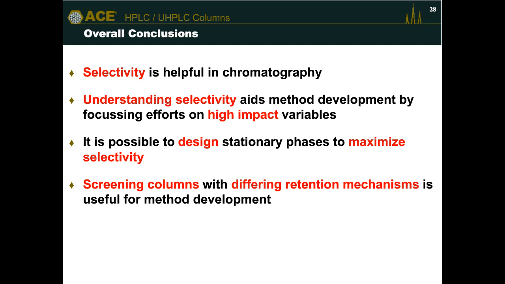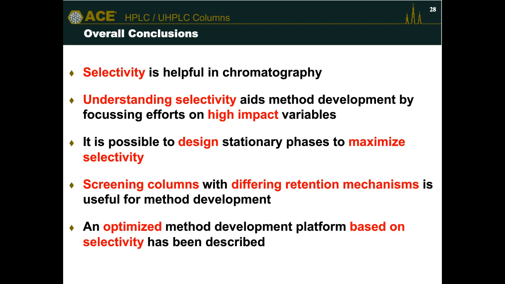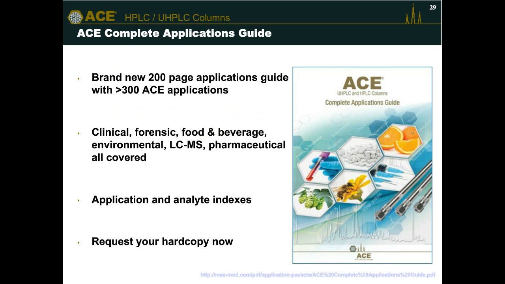This helps you make informed decisions for your method development. And finally, I showed you this optimized method development platform based on selectivity, where we use 6 different columns and 2 solvents together to give us, with the example I showed you, options for a method to take forward for further analysis.